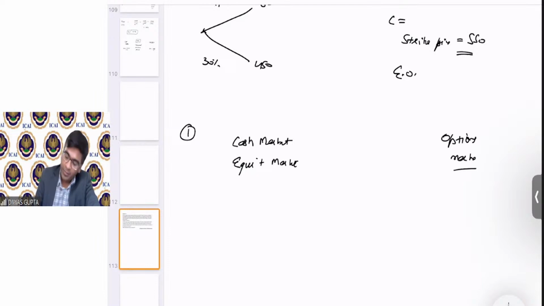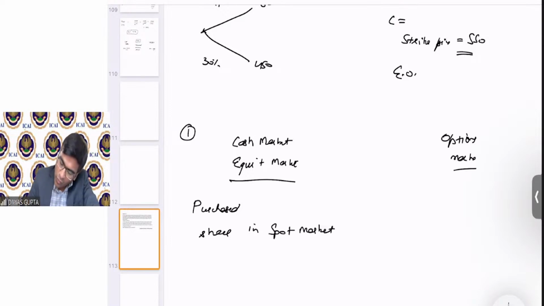If I have purchased a share in spot market, what action should I do in options market on a call option? Let's take an example of a call option.